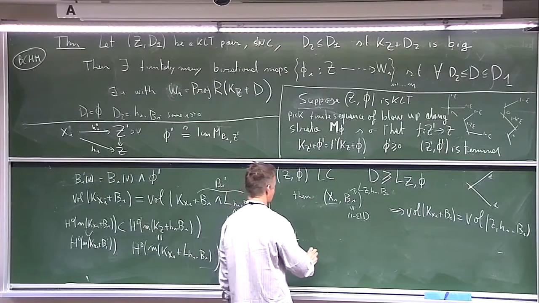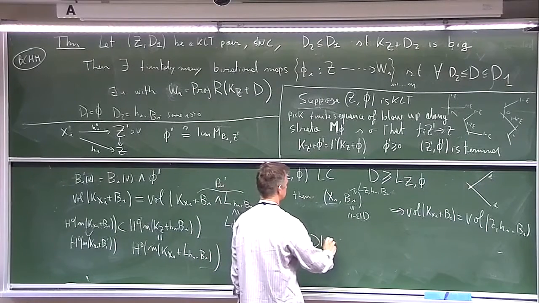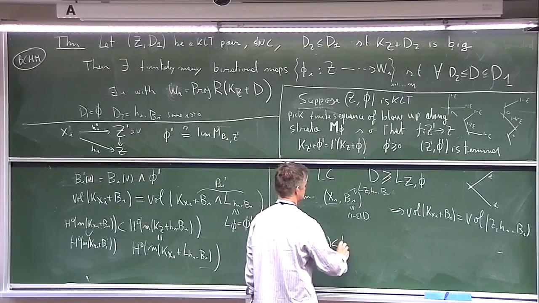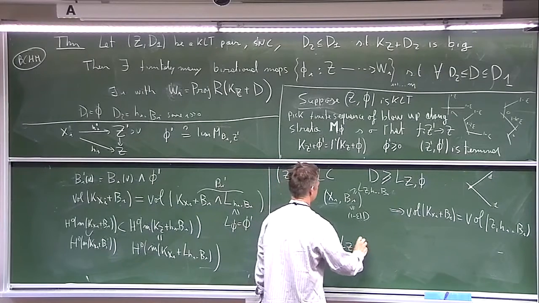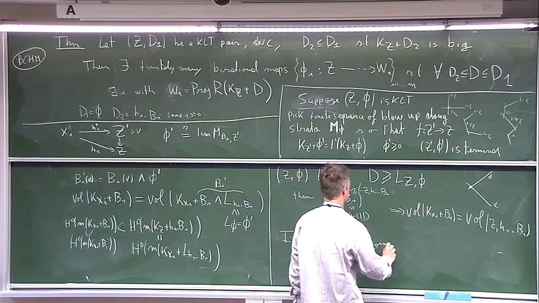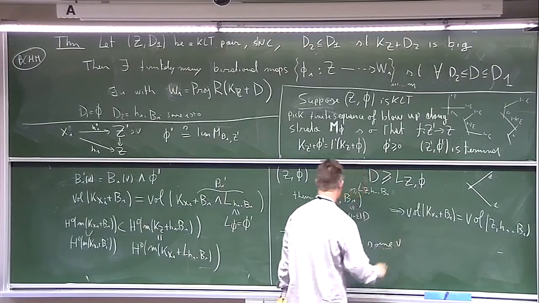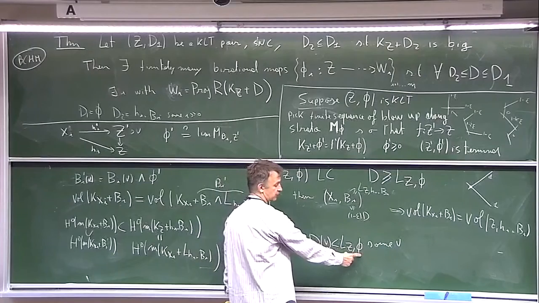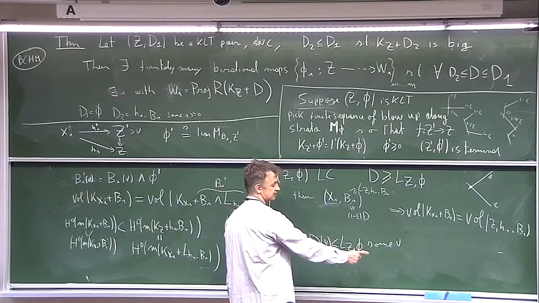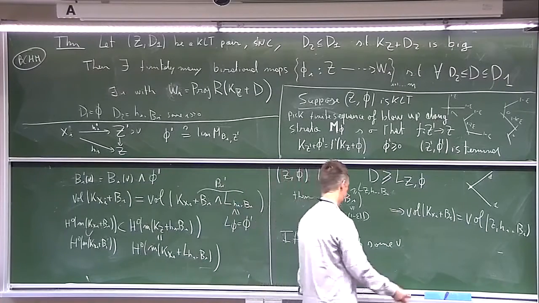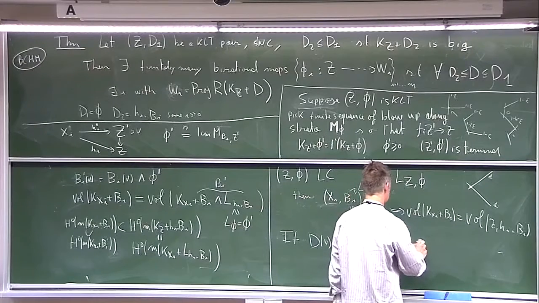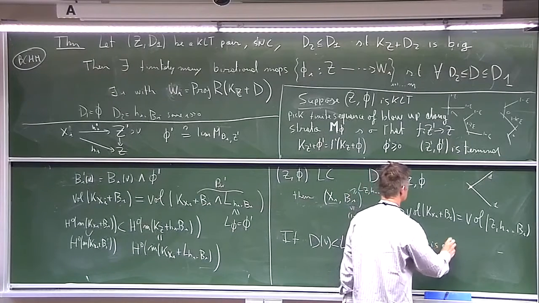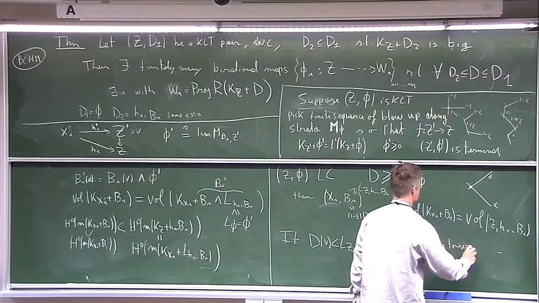So if, on the other hand, D of nu is strictly less than L_Z phi for some nu, okay, so in particular, this is a positive quantity. So that tells you that it's a toric valuation. So this nu is a toric valuation.